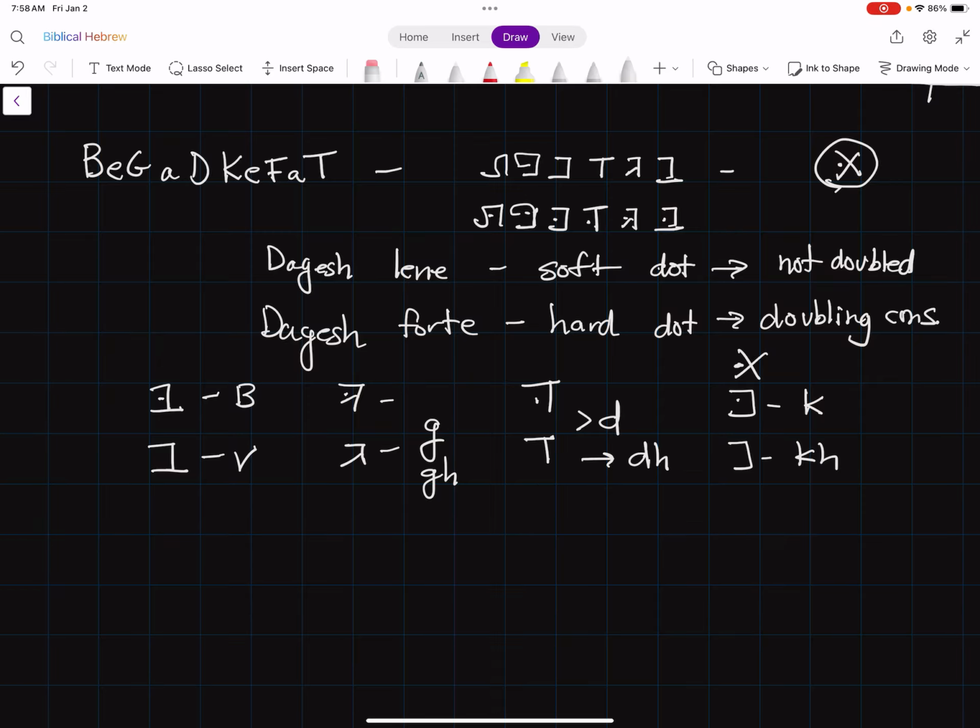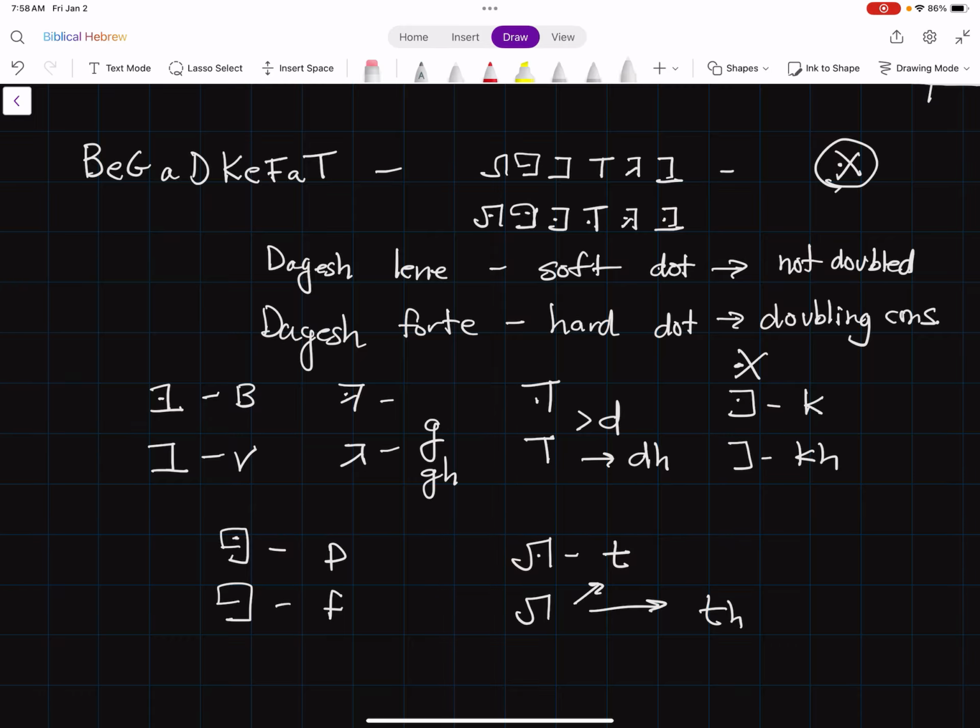With the Pei, with the Dagesh, it is a P sound in modern Hebrew. And without the Dagesh, it is an F sound. And the Tav, with the Dagesh, in modern Hebrew is T. And without the Dagesh, it's also a T sound. But again, in the reconstructed ancient Hebrew, there's a TH sound.